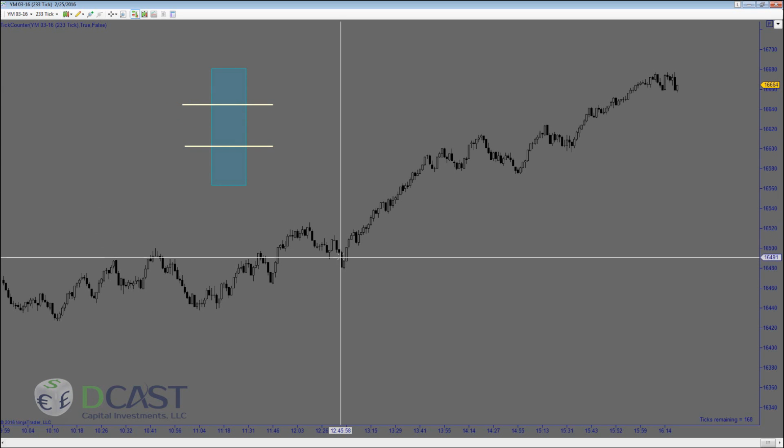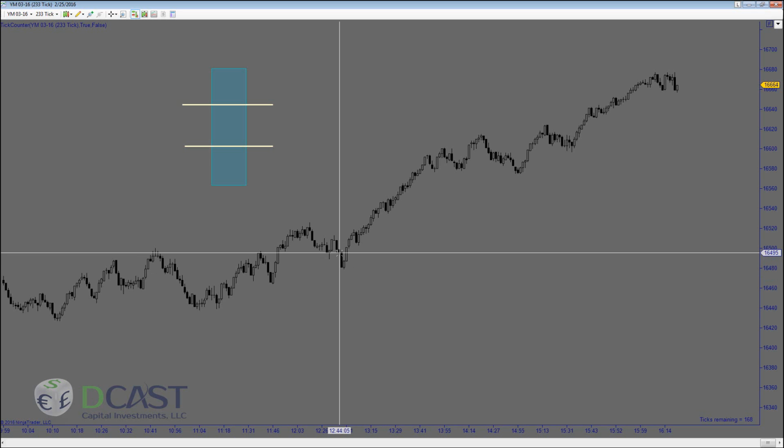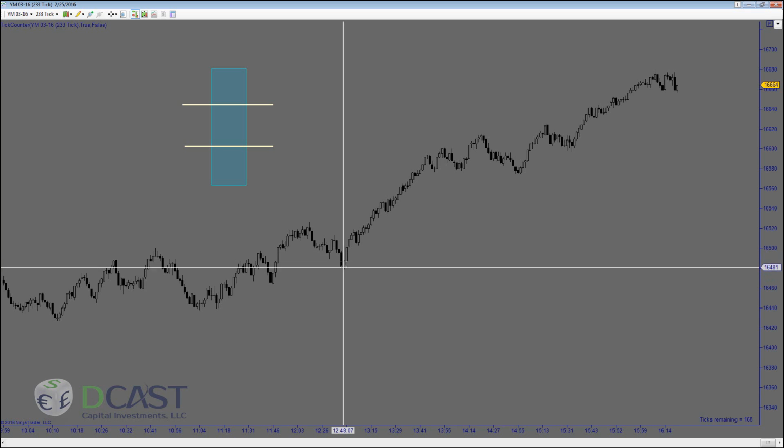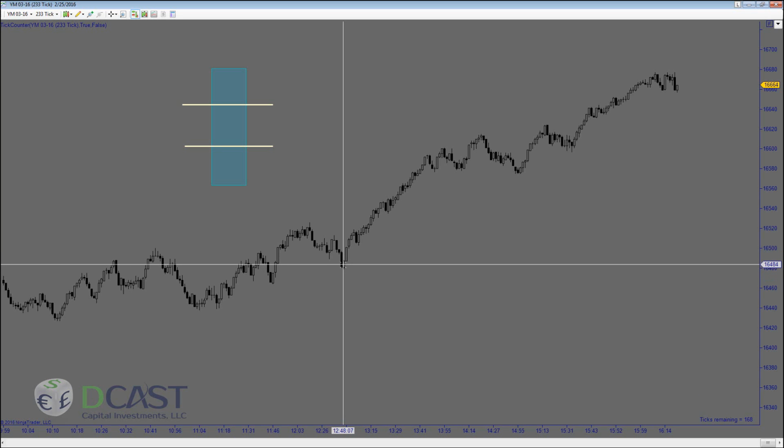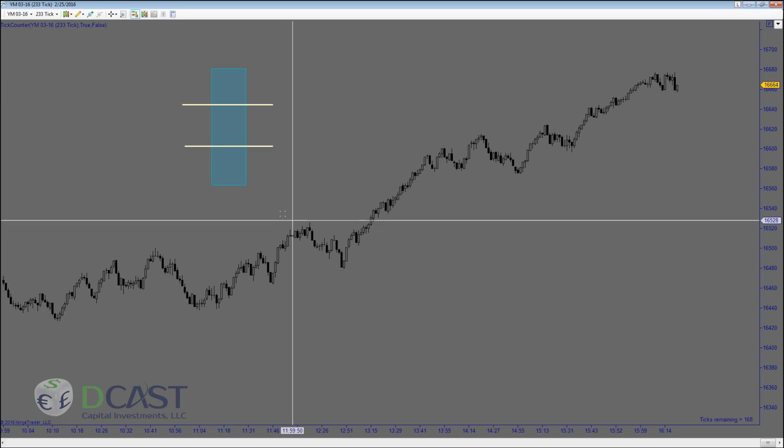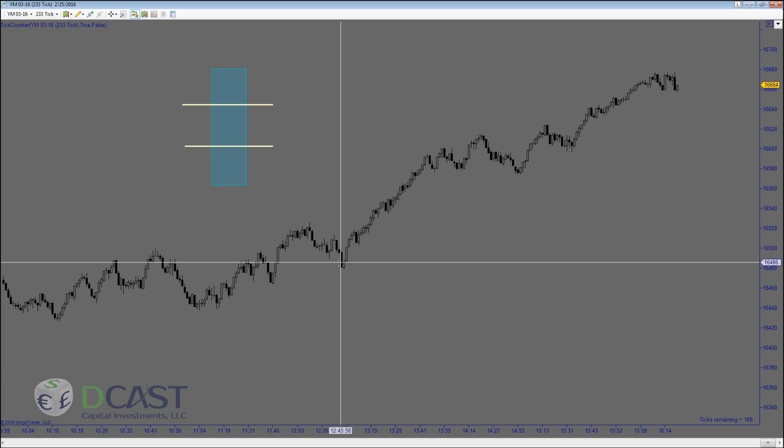This candle right here obviously had much greater volume or momentum than this previous candle. Therefore this candle had a lot more strength. There was more power to this candle. The bears were stronger in this candle. So that's what I mean by volume.